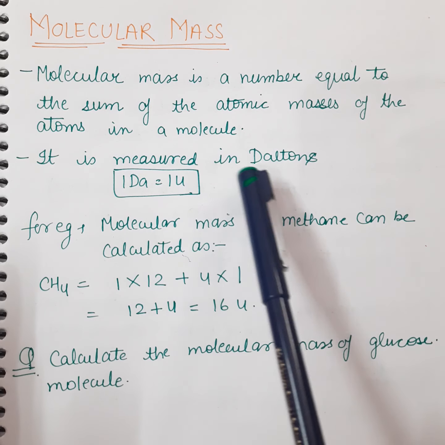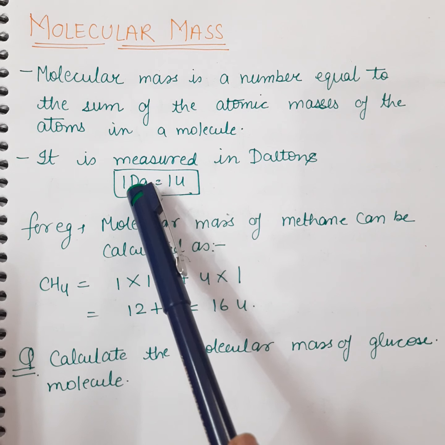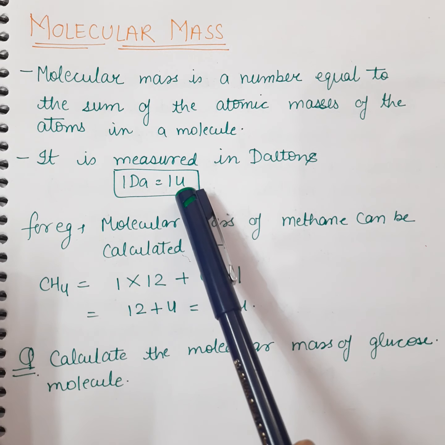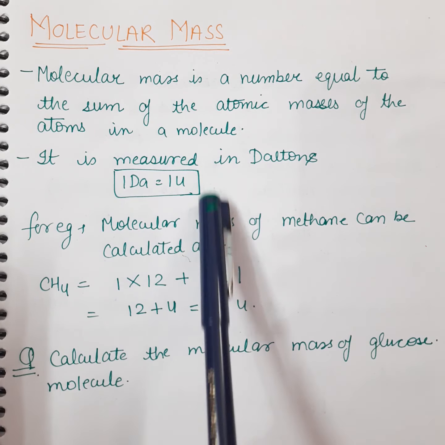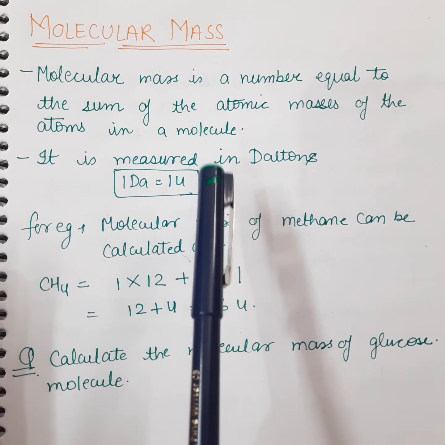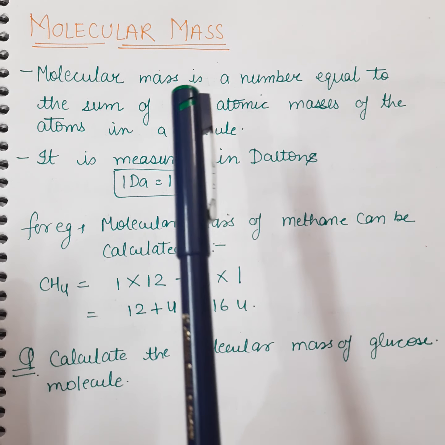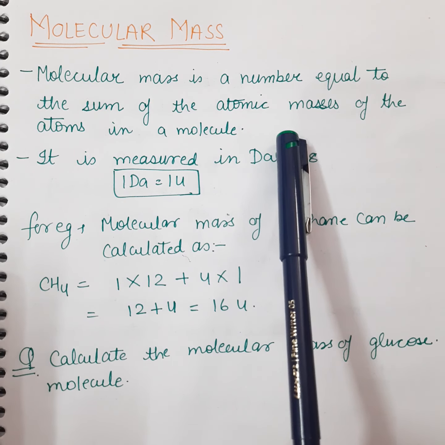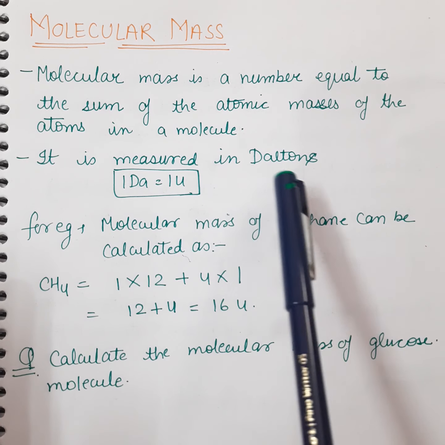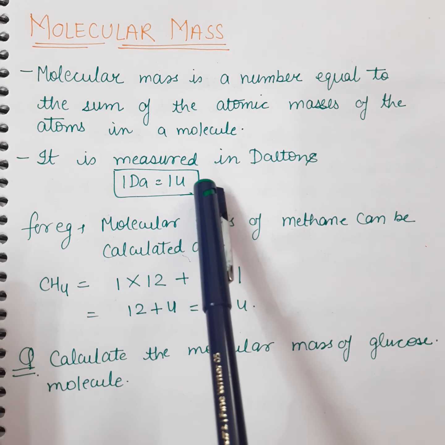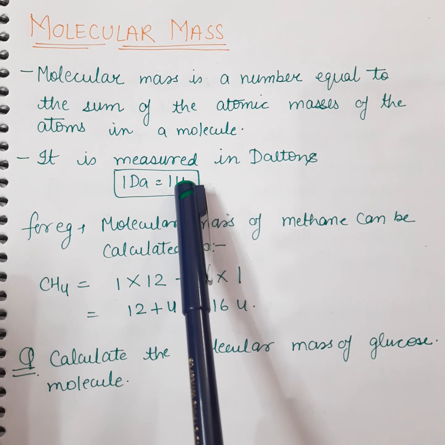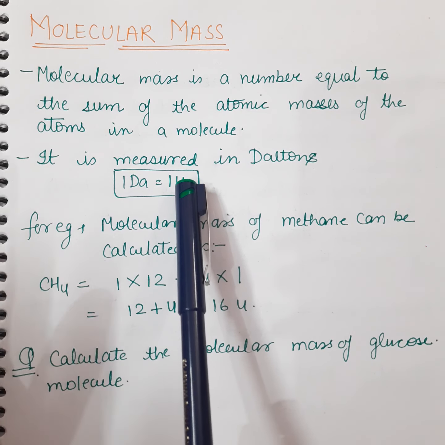It is measured in Daltons. So 1 Dalton is equal to 1 U, so the unit of molecular mass is U. When you calculate in grams, it is known as the gram molecular mass. What is U here? AMU, or unified mass.